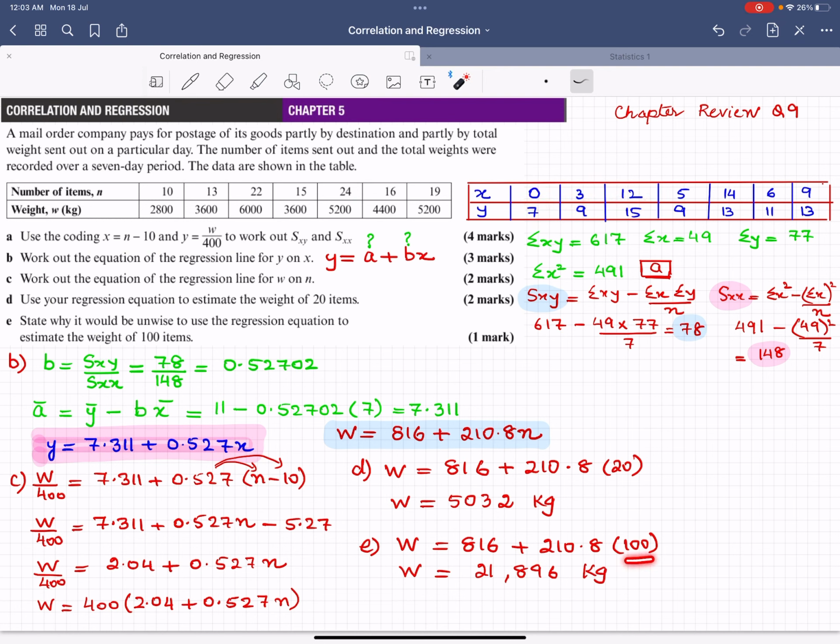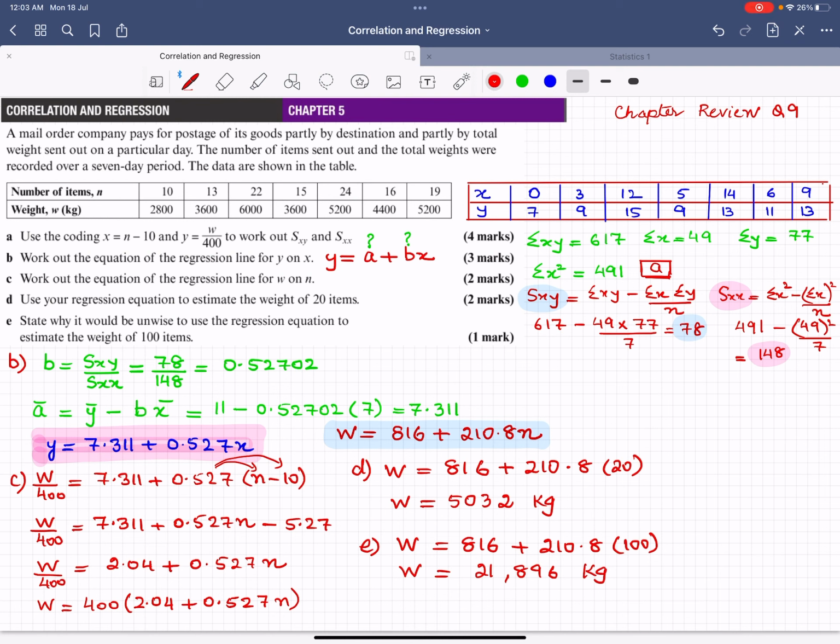So clearly 100 is a value which is outside the range of values. We can see that. And that's why it is an extrapolation. Extrapolation means taking a value which is outside the range. And hence it is unwise to use the regression equation to estimate the value for 100 items.